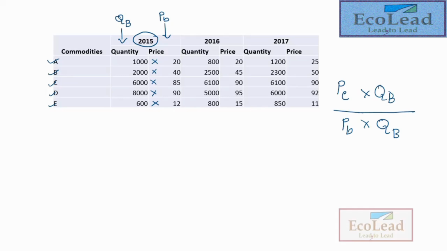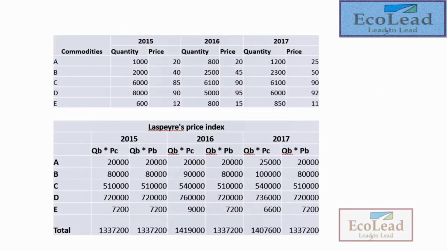And if we add the values, we will get the total value of all the commodities. In this case, total values we have already calculated. Let us look at the values.